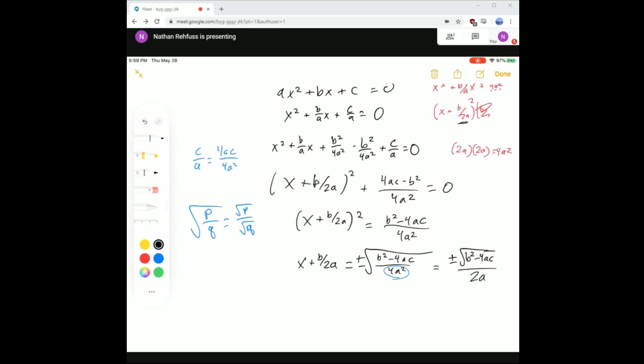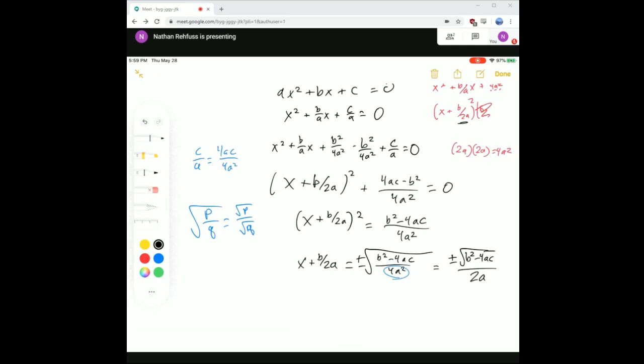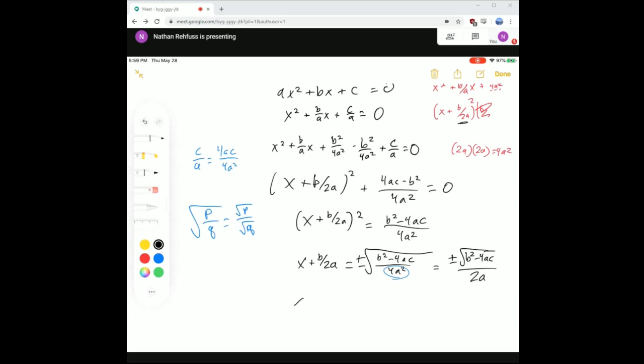So now all I have to do is subtract this b over 2a. And so x equals negative b over 2a plus or minus root b squared minus 4ac over 2a.